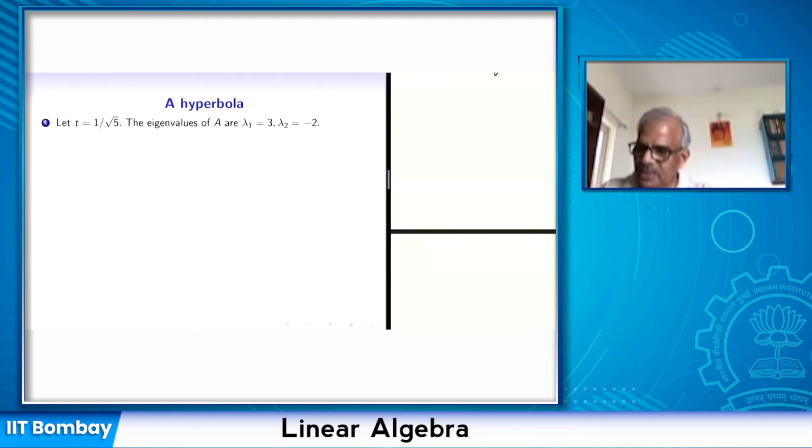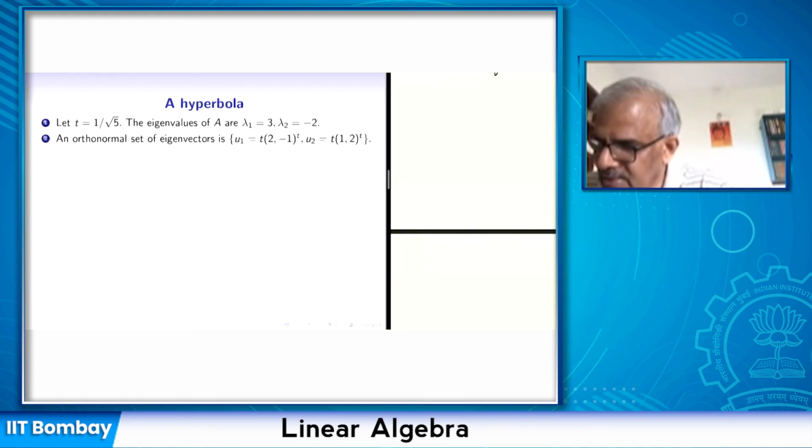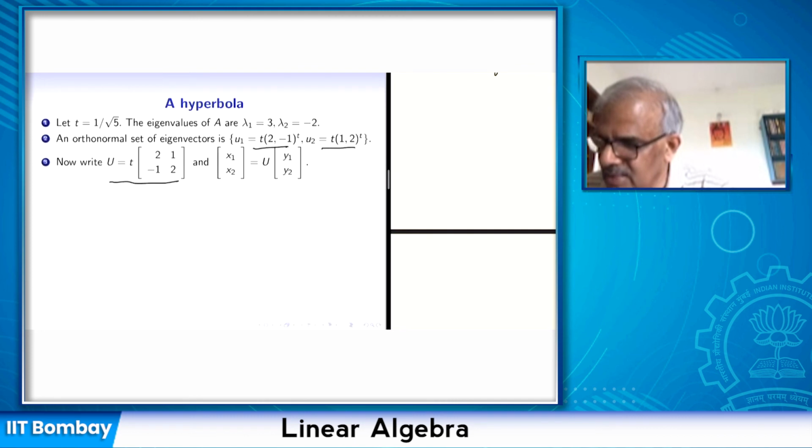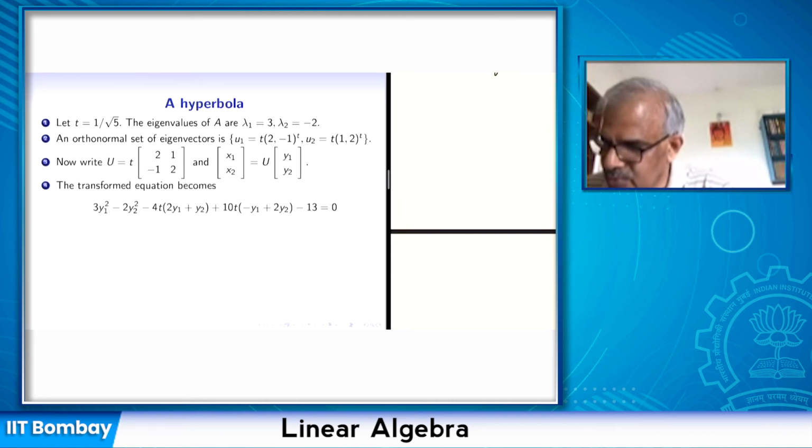Then put t equal to root 5. Eigenvalues of the matrix are 3 and minus 2, and then you determine the eigenvectors. These eigenvectors are unit length and mutually perpendicular. In the U matrix, the first column vector is the first eigenvector, the second column vector is the second eigenvector, and this is the change of coordinates. So the transformed equation, when you substitute x1 and x2 in terms of y1 and y2, gives this equation.